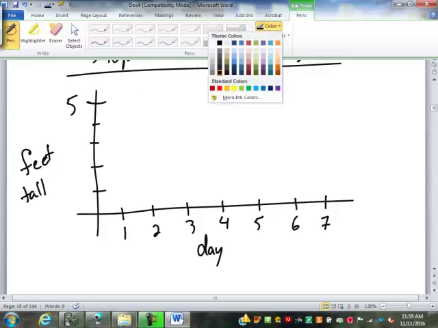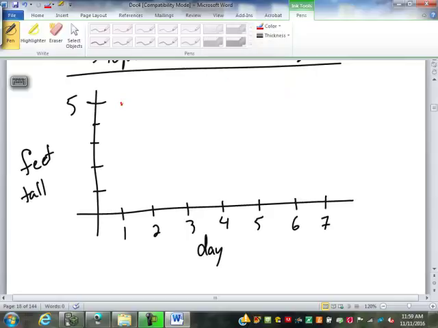And let's say that on day 1, it was 5 feet tall. On day 4, it was down to 4 feet tall. And it continues at a linear rate of melting.